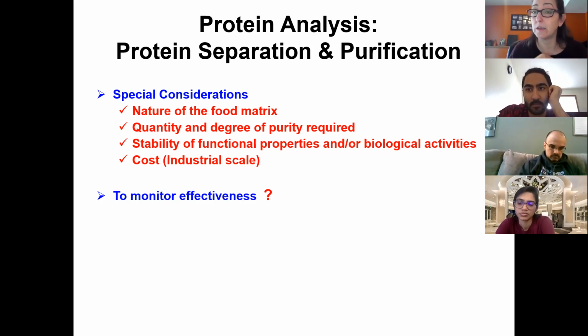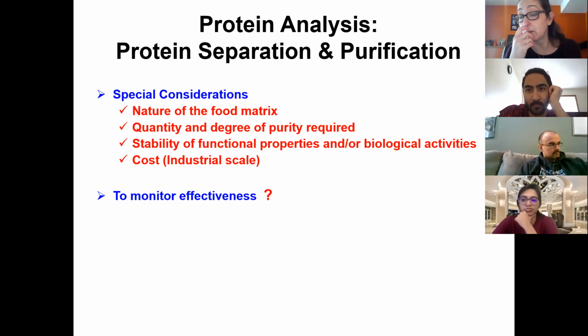Also, the process that I use, how will it impact the functionality of the protein, whether it is an enzyme, how is it going to impact biological activity, for example. Some proteins are not soluble at neutral pH.